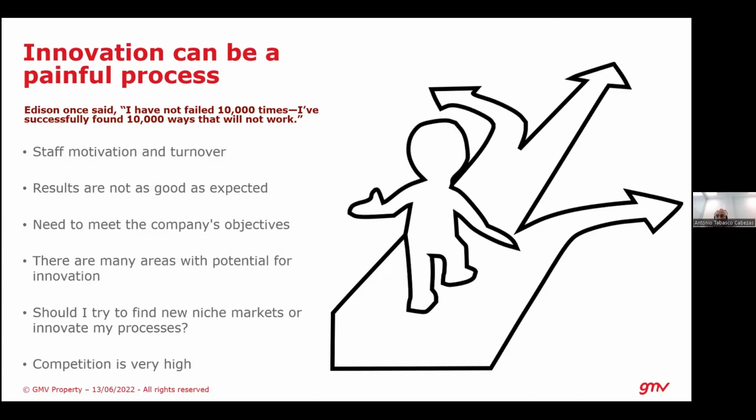We are in a very small world with a lot of competitiveness, and the turnover of the people, which is key for the development of new research lines, is severely impacting the strategies for the future. So we need to be very careful with staff motivation and turnover.